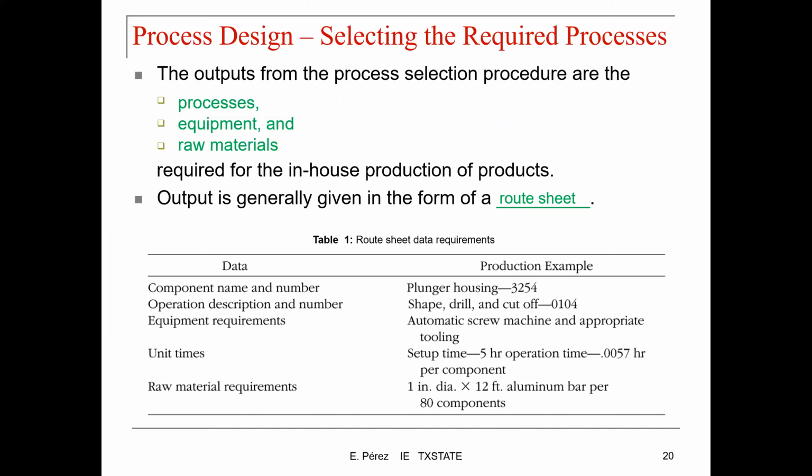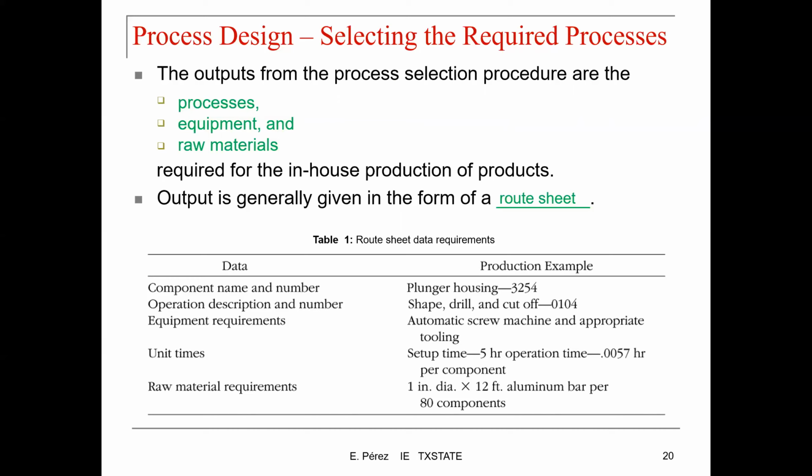In terms of the component name, here we have an example, it's a plunger housing, and we have the number 3254. The operation description and number, these are the operations that are needed. So we have to shape and then drill and then cut. And the equipment requirements: automatic screw machine and appropriate tooling, setup time, and then 5 hours operation time. It's going to take about 0.0057 hours per component.